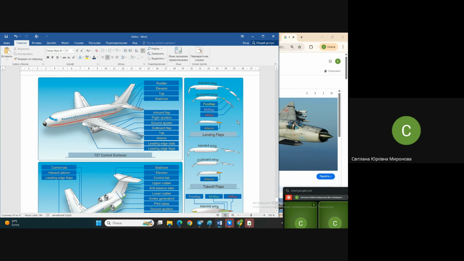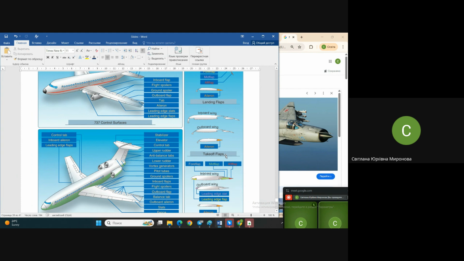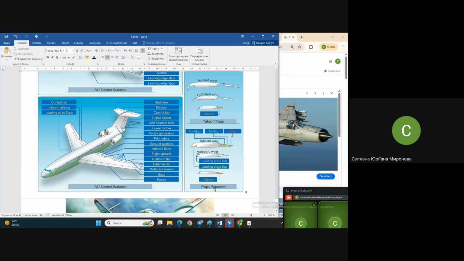The top picture shows the configuration of the wing cross section in different positions: the landing position when we need to touch down, the takeoff position, the next one, and the cruise position, when in horizontal flight.